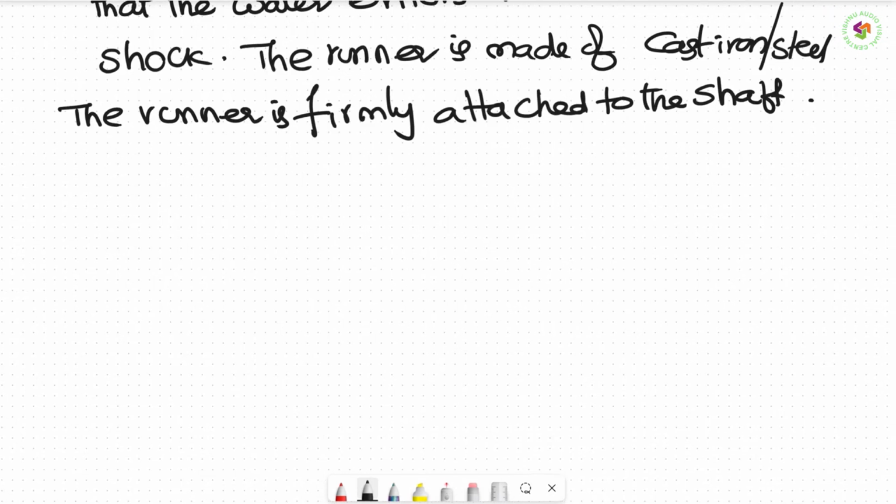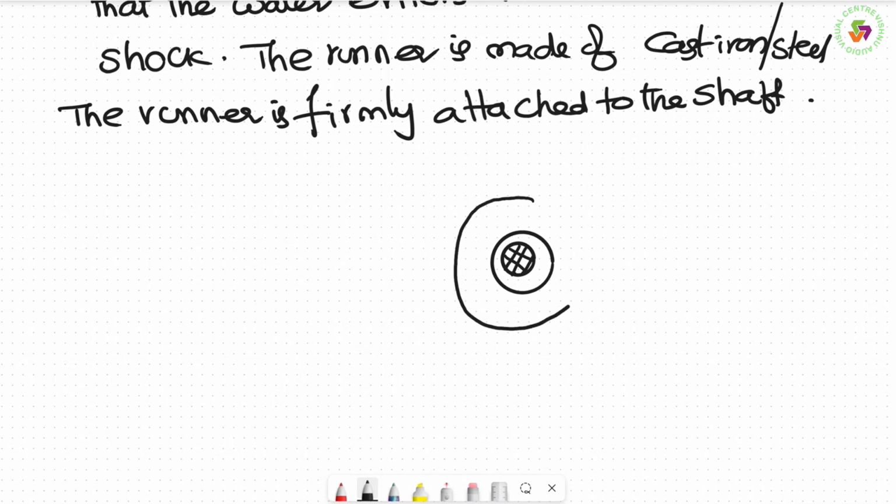Again, I will show you the physical figure, I request you all to see. Already I have shared it with you. So this is basically the shaft, and over the shaft these are the runner blades, right?